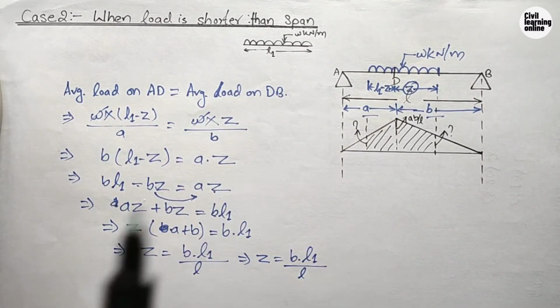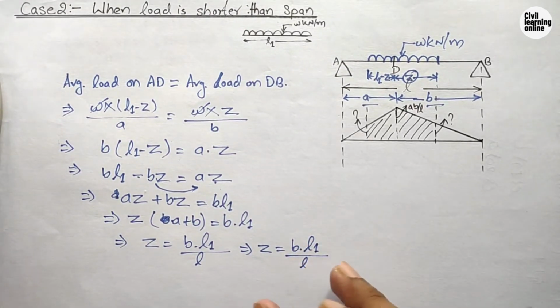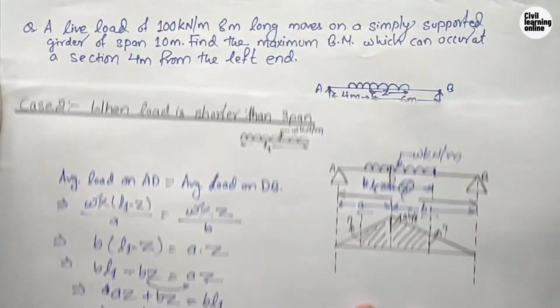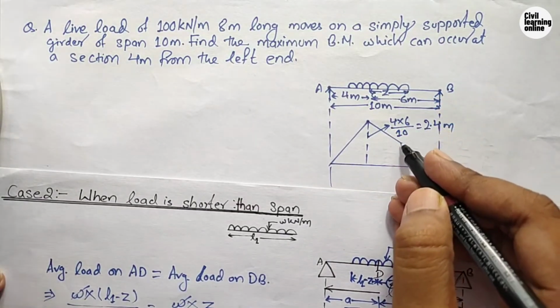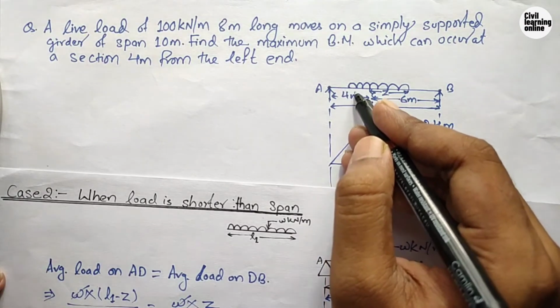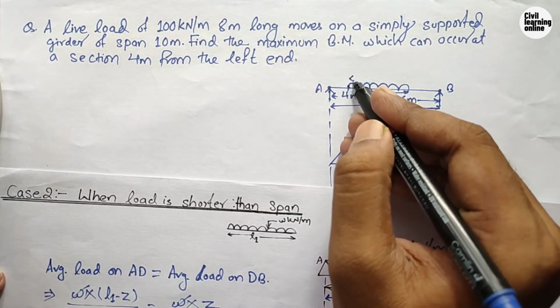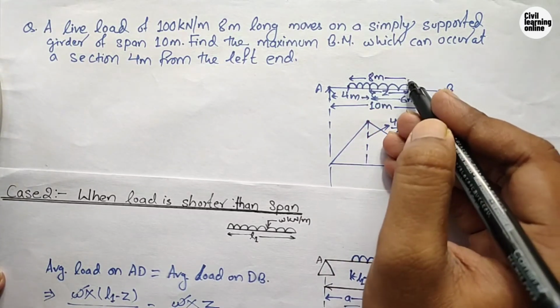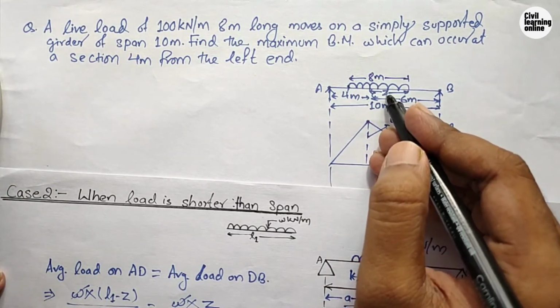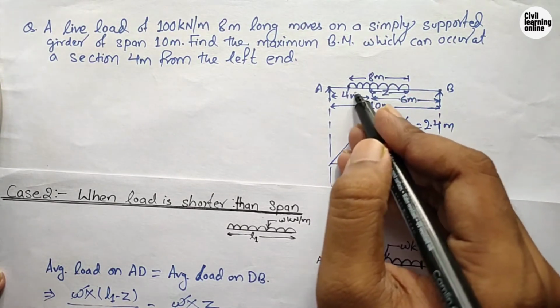In exam, if you have the shortage of time, then you just simply need to remember this formula, apply this and find the value of Z in order to calculate the ordinate under this loading. If you are able to calculate the Z, then you will be able to calculate this span also, because the whole span is 8 meter here. And once you calculate the Z, then subtract this Z from 8, then you will get the remaining portion, which will be on AC.